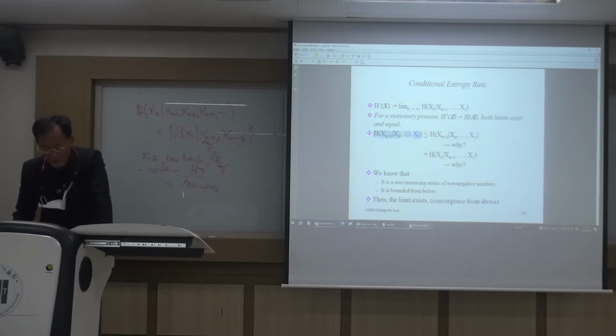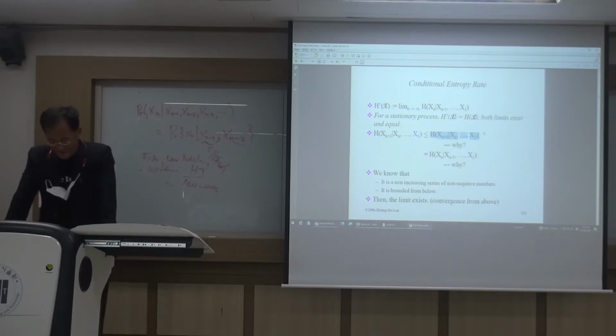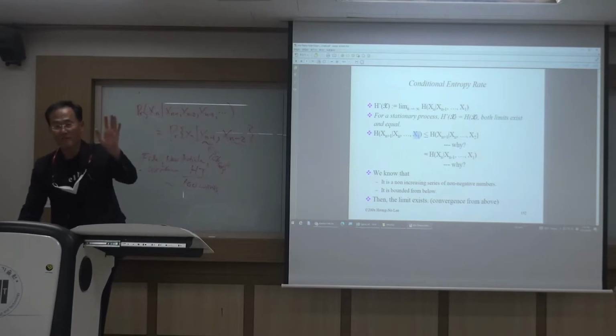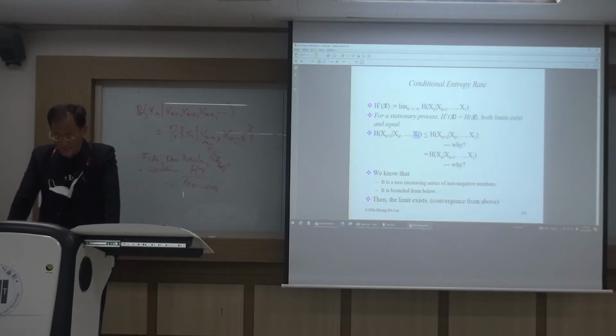First, let's evaluate this. Here I say this one is smaller than or equal to this one. Can you say why? The only difference between left and right is the disappearance of X1 from the left.